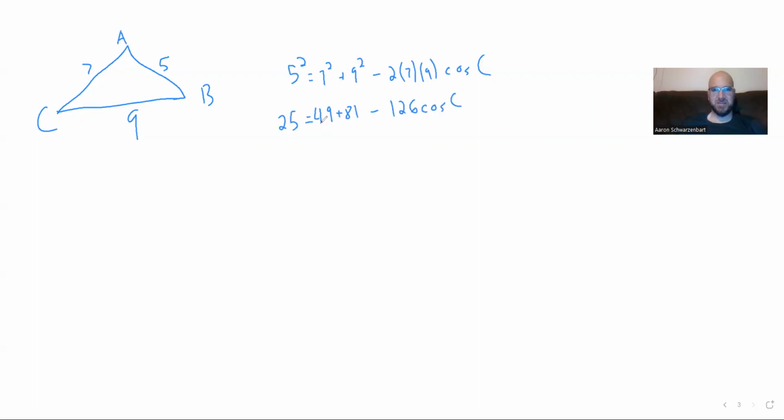So I cannot do 49 plus 81 is 130. I cannot do 130 minus 126 because 126 is multiplied by cosine C. So I'm going to subtract 130 from both sides. Again, 130 is 49 plus 81. And that gives me negative 105.